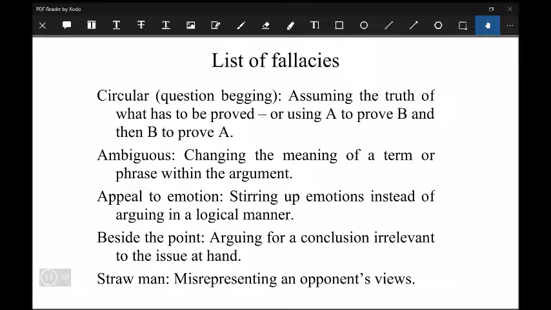Okay, so that's enough modal arguments. We will finish modal logic next time. We'll do a couple more problems, and then we'll focus entirely on informal fallacies for the rest of the course. Now, what are informal fallacies? Well, we started that last time.